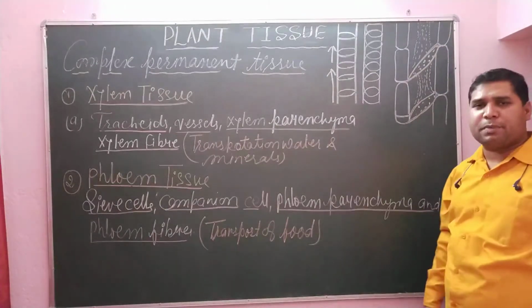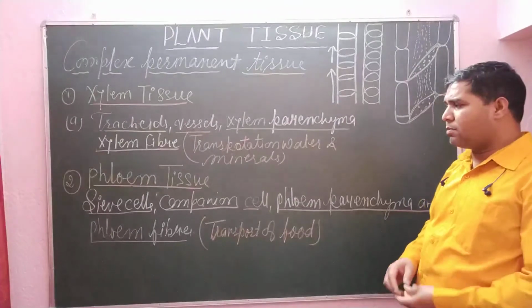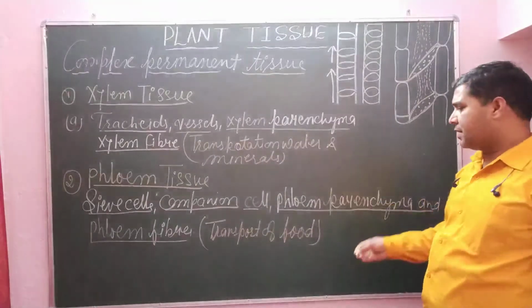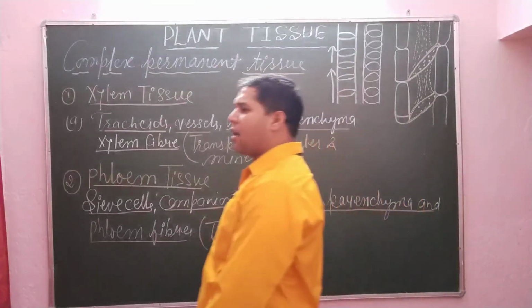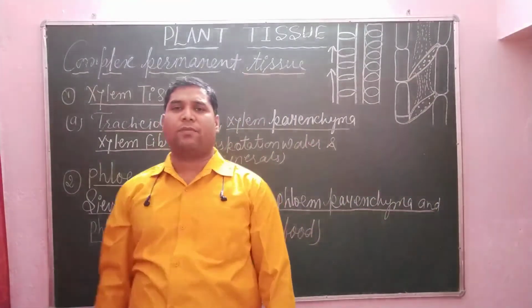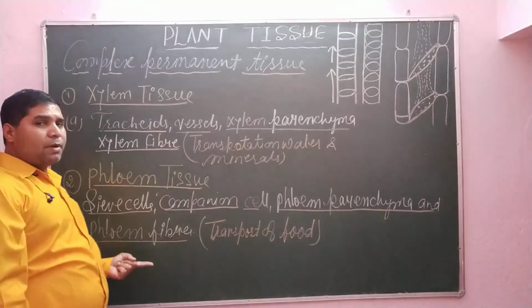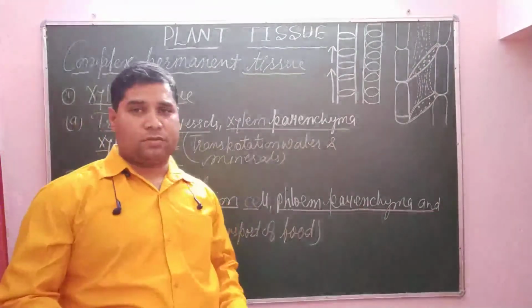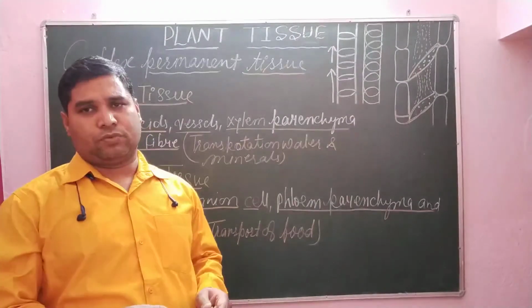As food is prepared in the leaf, from there it is transported with the help of the phloem tissue. Phloem parenchyma helps in the storage of starch and fat, dear student, whereas phloem fiber supports the functioning of the phloem tissue.